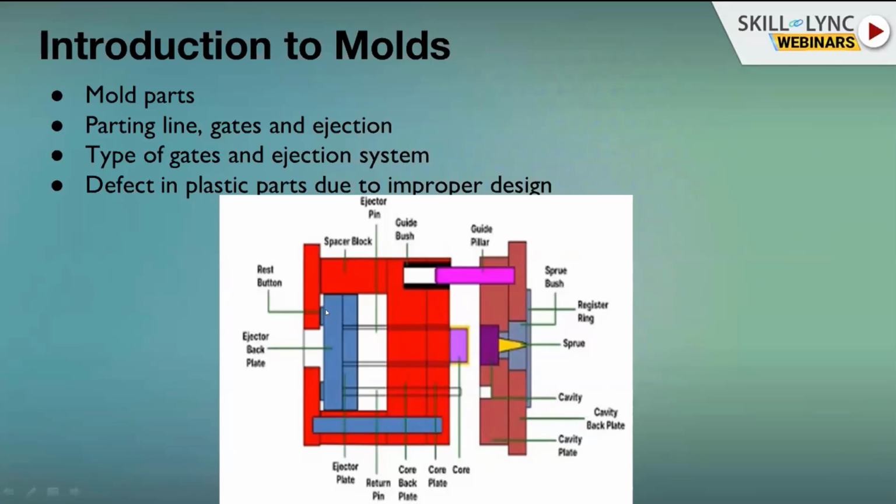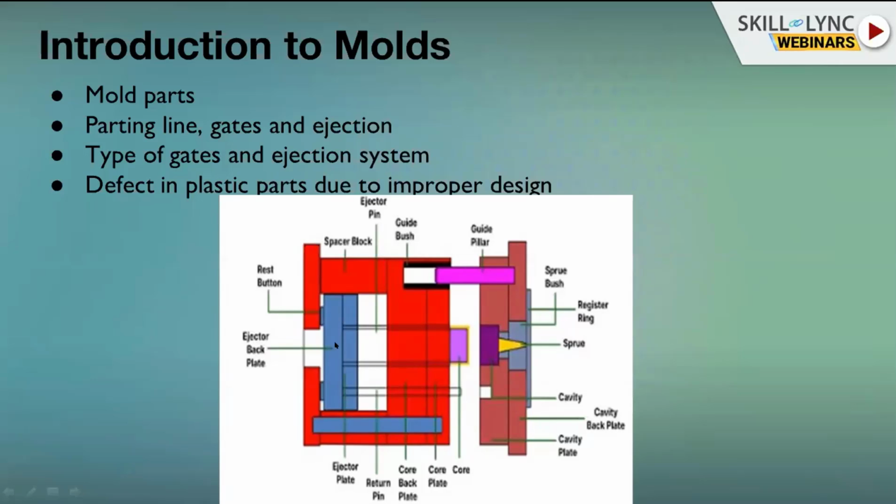These two plates you are seeing are the ejector plate assembly, which helps us to eject the component. These two pieces are known as the spacer blocks. This is a guide pillar, and this is the bottom plate. On the ejector system in the machine, there will be a rod which pushes this plate.